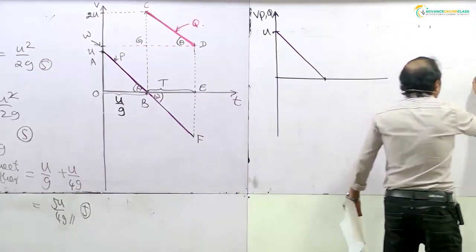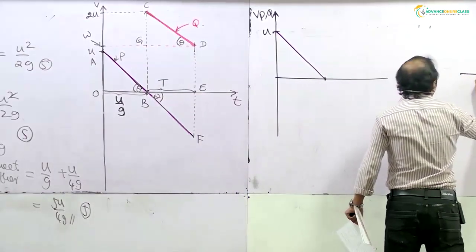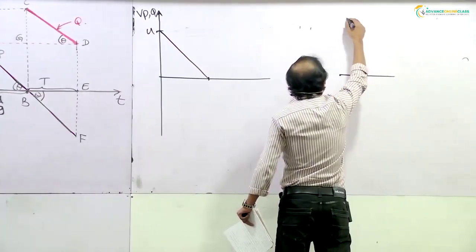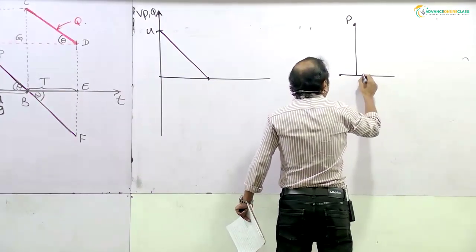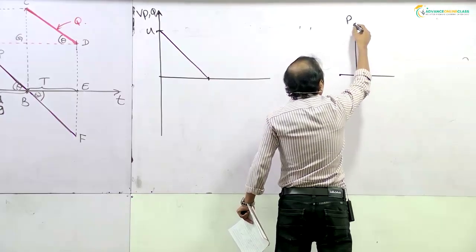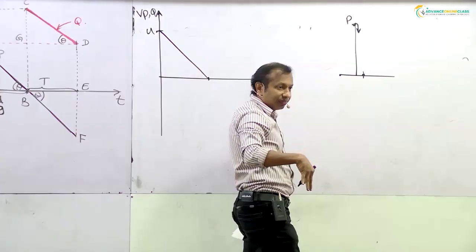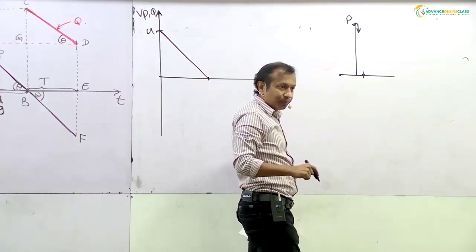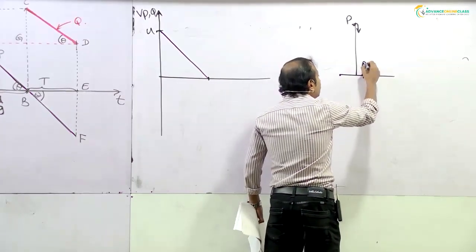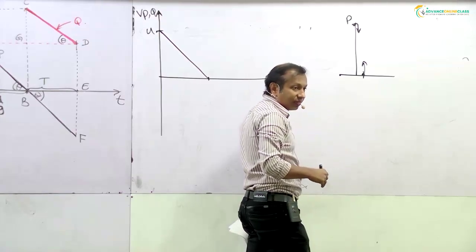Now, after reaching this point, P is here and Q begins to move. After reaching the maximum height, P begins to move down with acceleration g, and Q moves this way with retardation g.